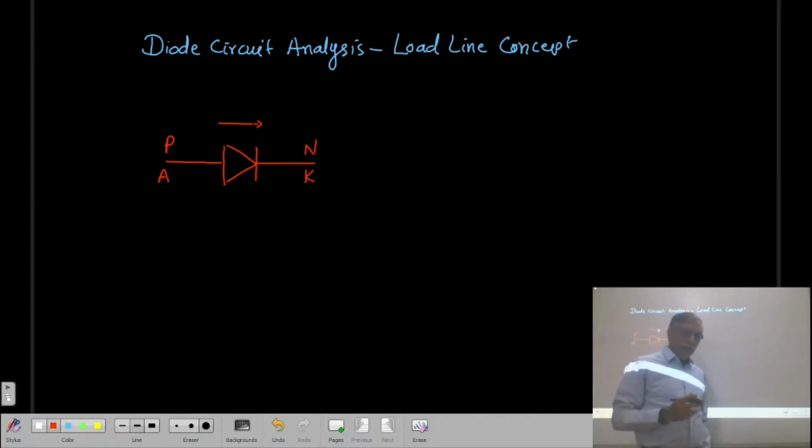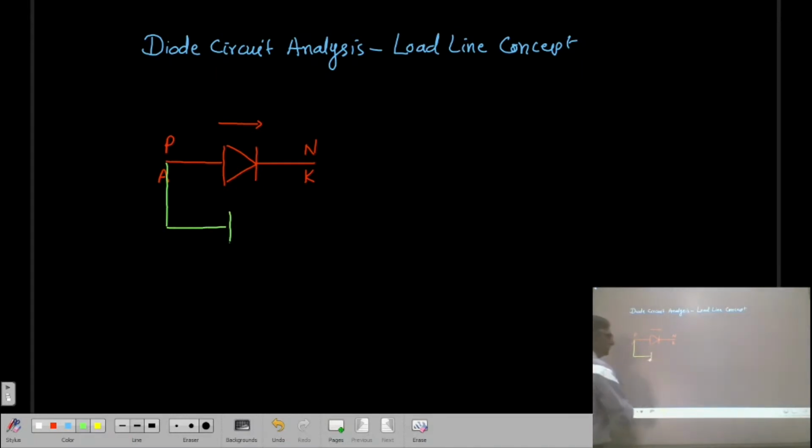Now we know that we can operate this diode in two different ways: forward bias mode and reverse bias mode. What is a forward bias connection? A forward bias connection means the anode, or p-type material, is connected to the positive of the battery, and the cathode is connected to the negative of the battery.